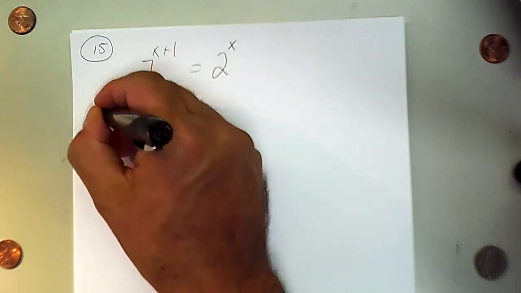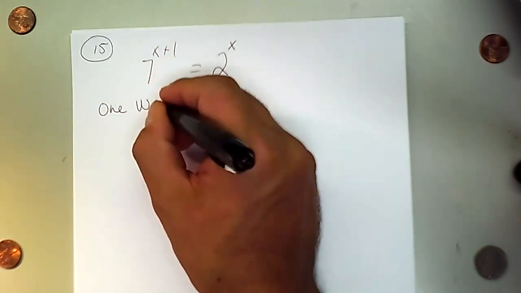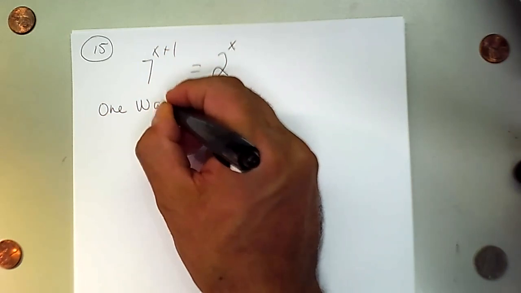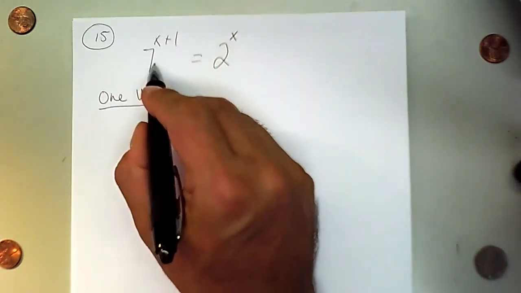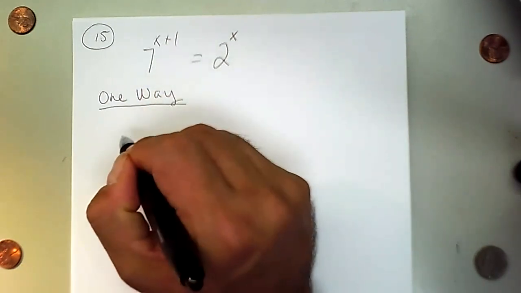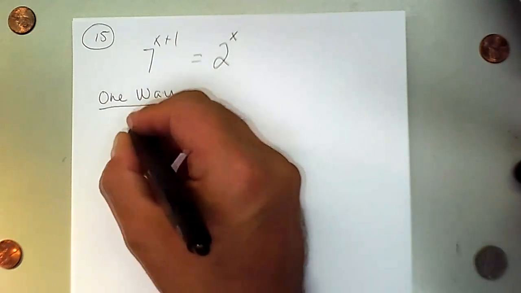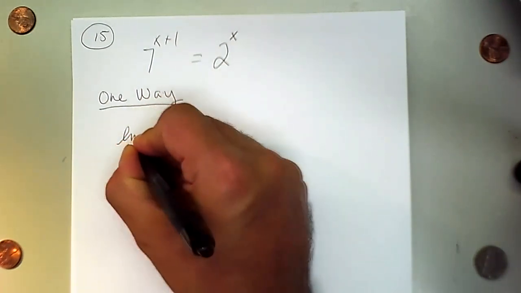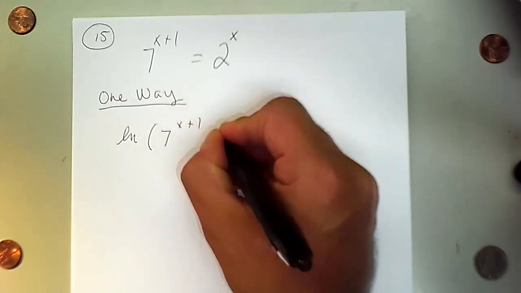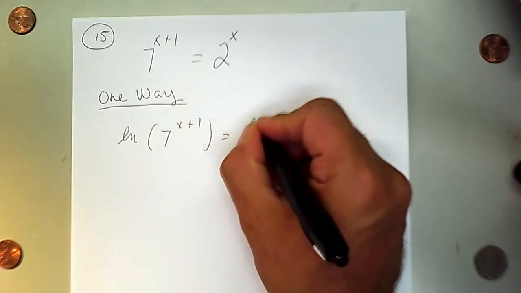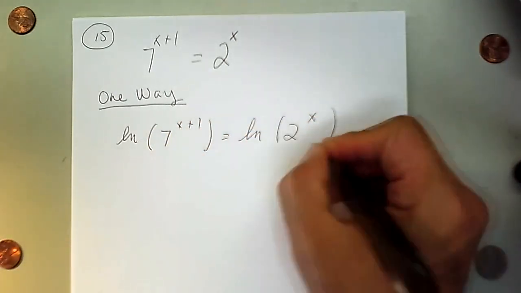So one way to solve this, there are about 3 basic ways, probably even more. One way, let me show you, is to apply the natural logarithm on both sides of the equation. So we end up with natural logarithm of 7 to the x plus 1 equals natural logarithm of 2 to the x.